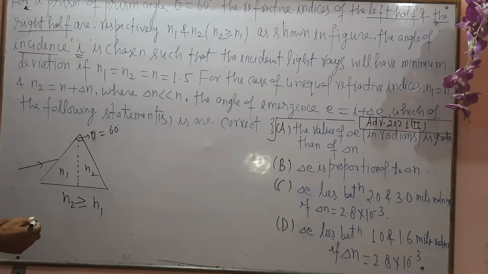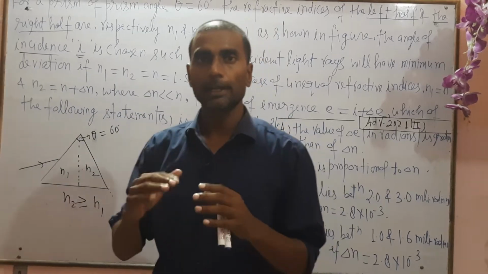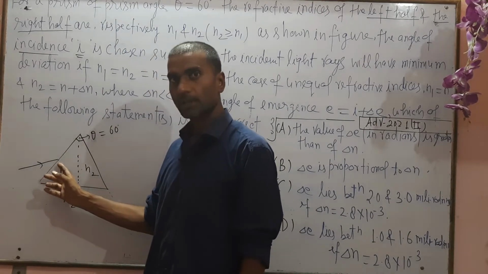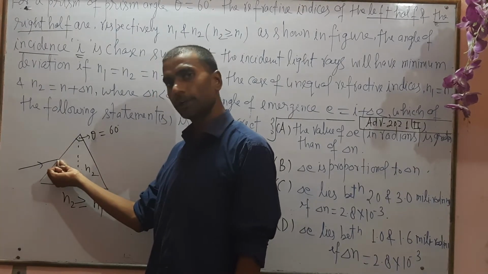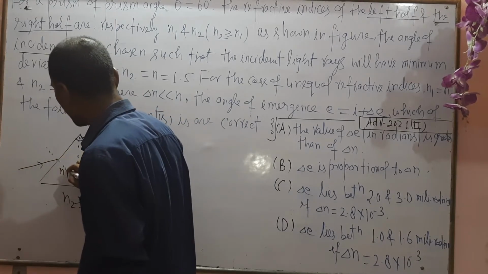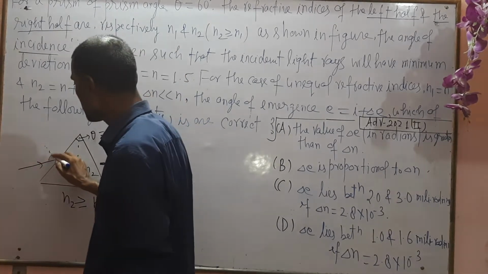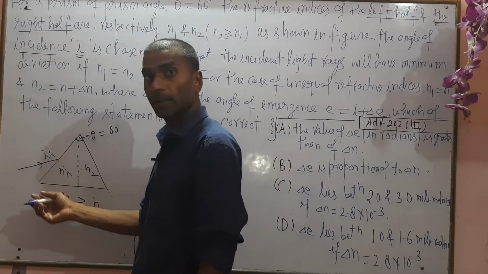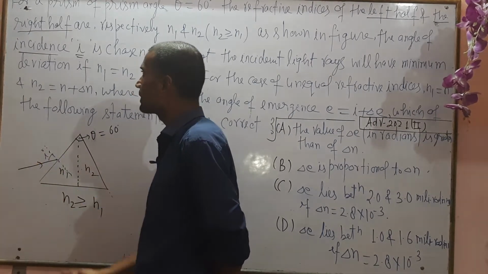If we want the angle of incidence at any surface, we draw the normal at that point. The angle between the incident ray and the normal is known as the angle of incidence. This is the angle of incidence.